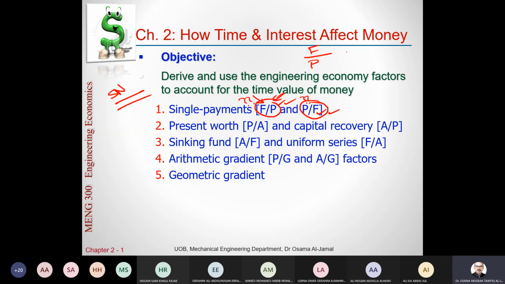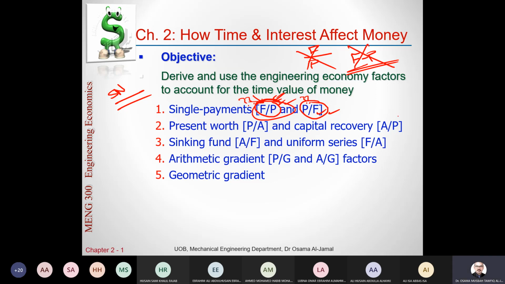Or some of the students, what we saw in previous semesters, they are putting it like that, F dash P. And at the end, they were confused with that. They are subtracting the P from the F. Don't use it. Don't do those two. Just stick to what we have in here.